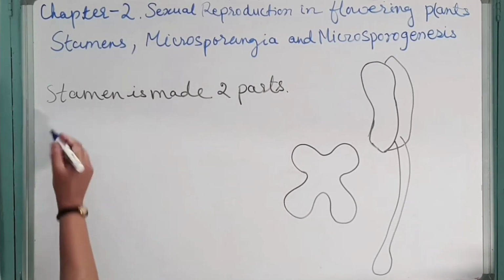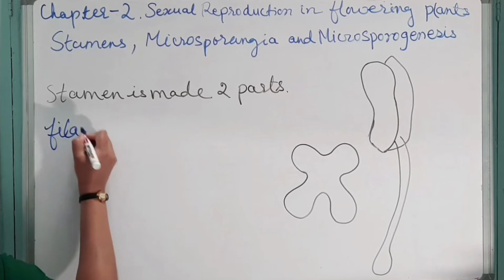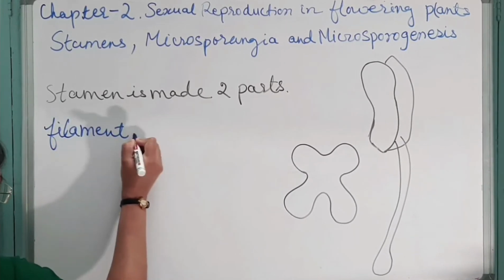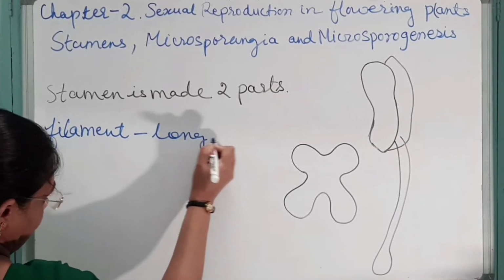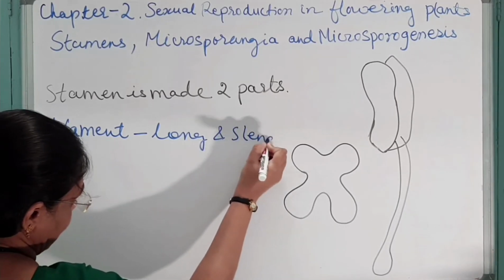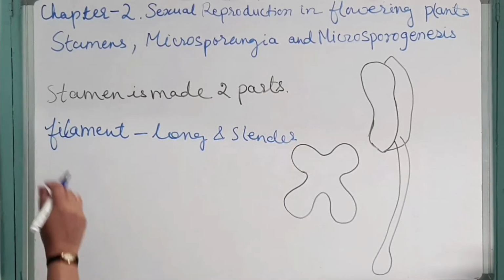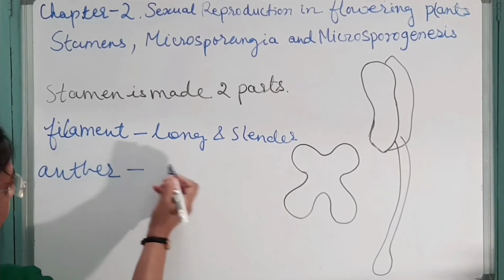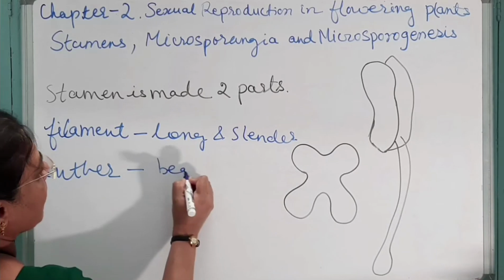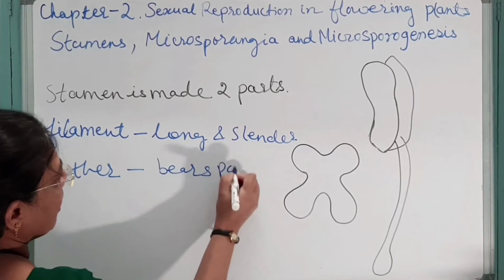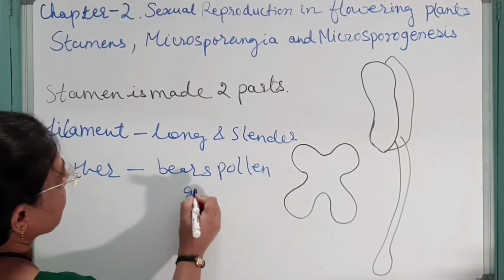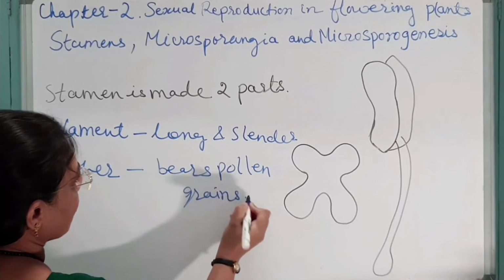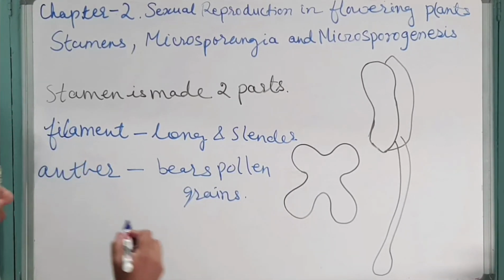First is filament, which is long and slender. Attached to the filaments are the anthers, which bear pollen grains. This filament is attached either to the petals or the thalamus of the flower.